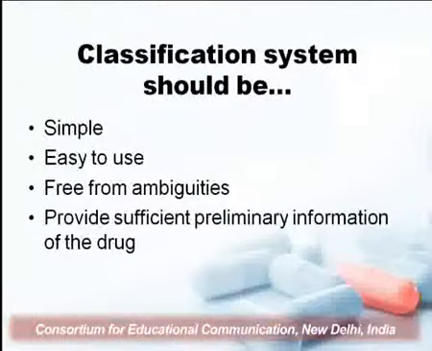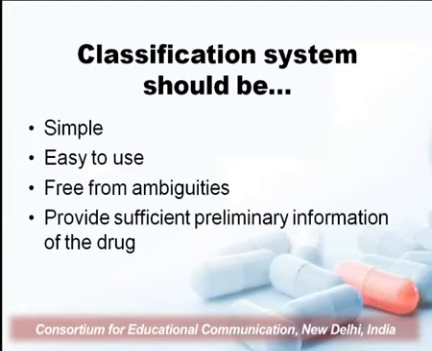Now, what are the ideal requirements for a classification system? A classification system should be simple. You can easily classify the drugs, and it is very user friendly for every person who wants to classify crude drugs.